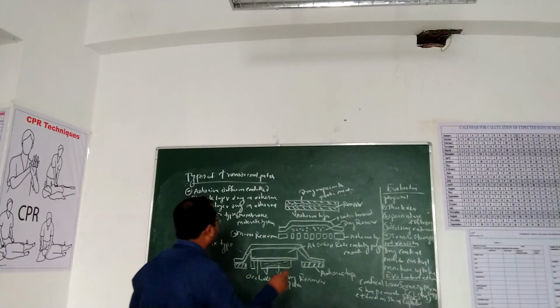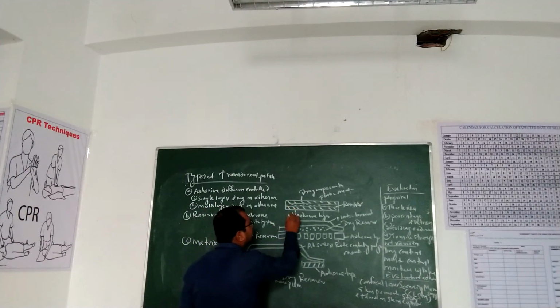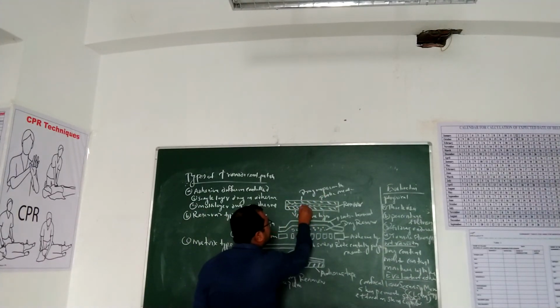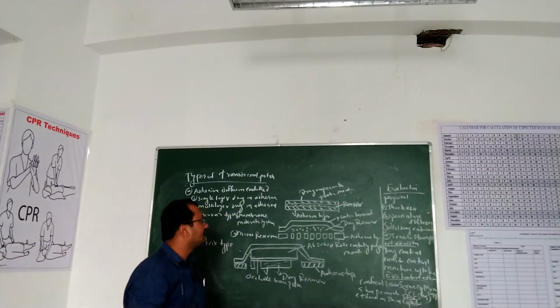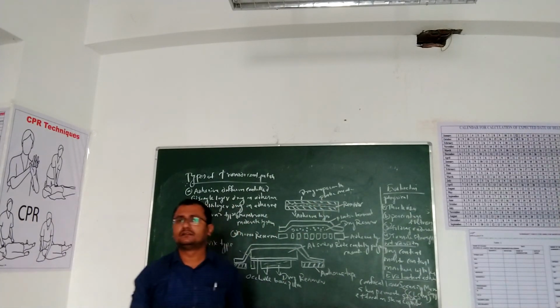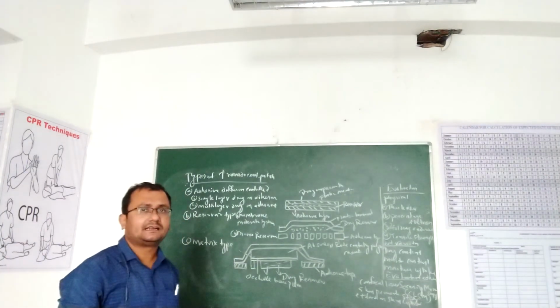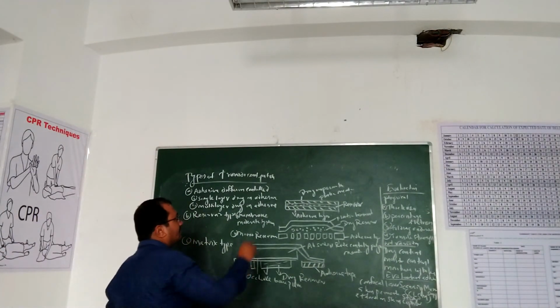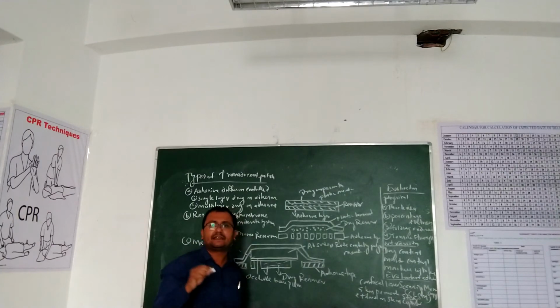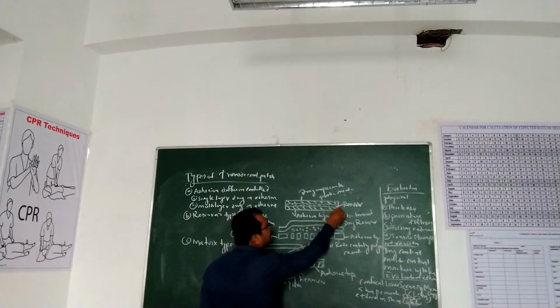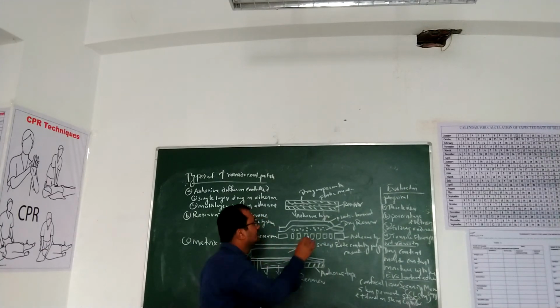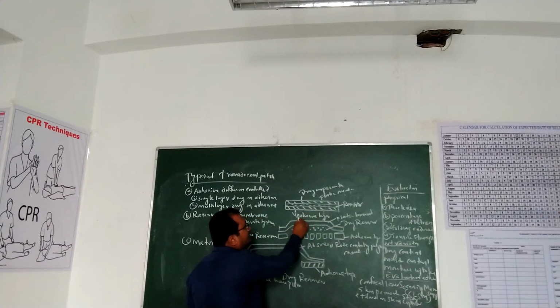We can see in the diagram that the upper part is the drug impermeable plastic membrane, which is your backing layer. In the middle is a reservoir of drug, which is directly connected to the adhesive layer.